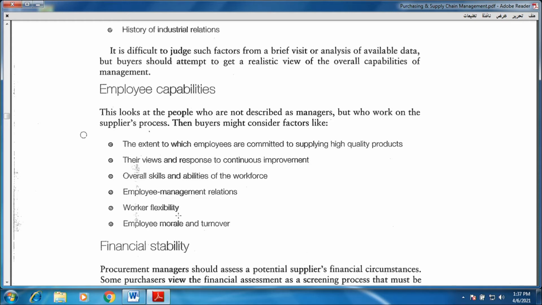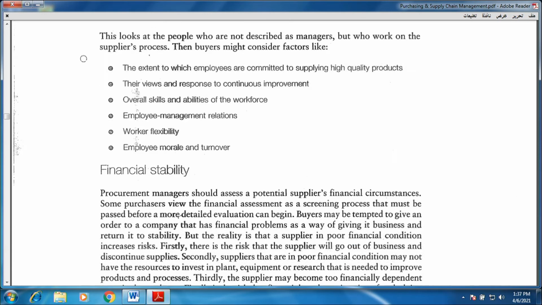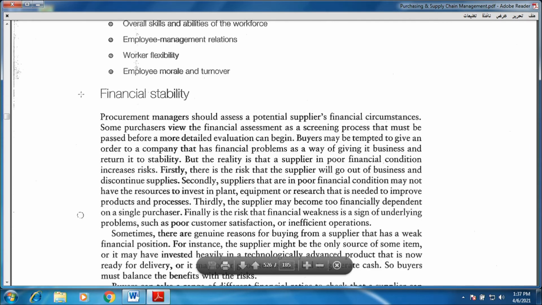Moving to evaluation criteria number 3, which is very important, that talks about the stability of the financial position of the supplier. Procurement managers assess the financial positions and circumstances of the suppliers. Why?